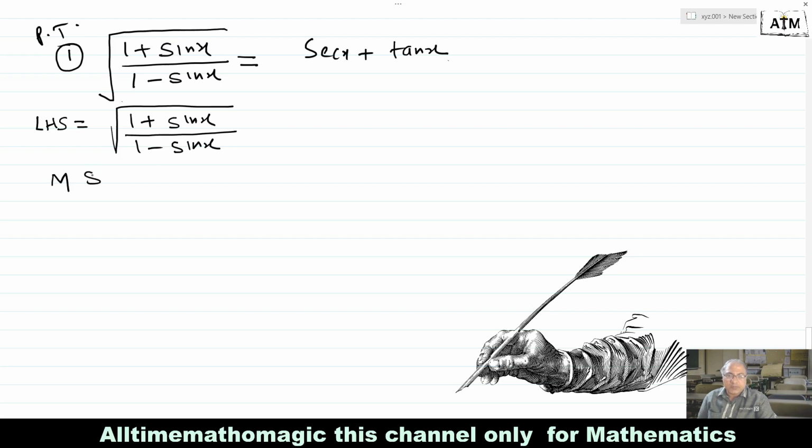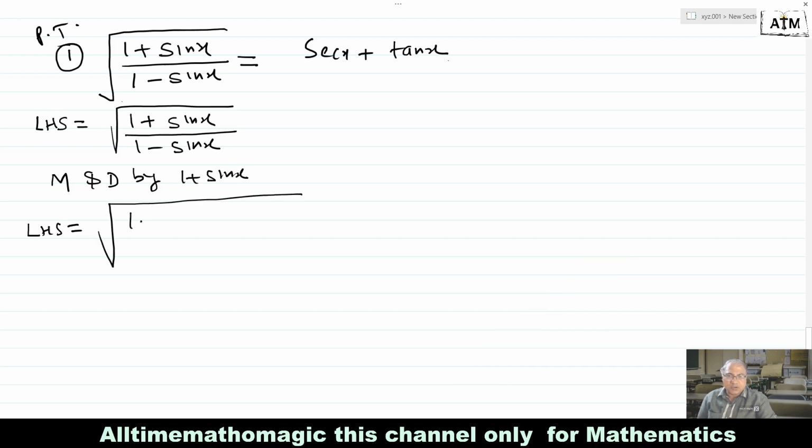Now multiplying and dividing by 1 plus sin x. So LHS equals under root of 1 plus sin x upon 1 minus sin x multiplied by 1 plus sin x upon 1 plus sin x.